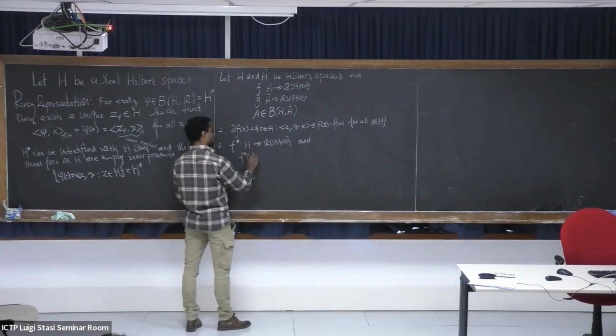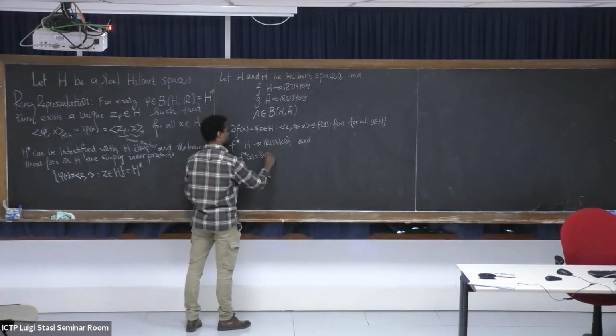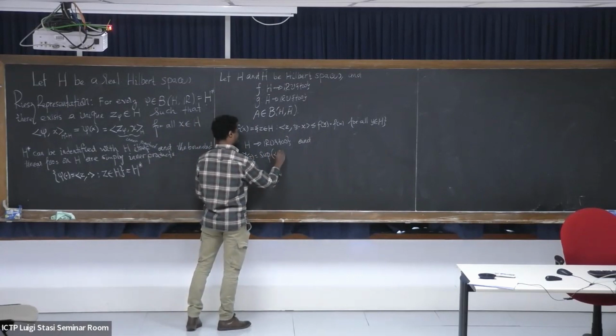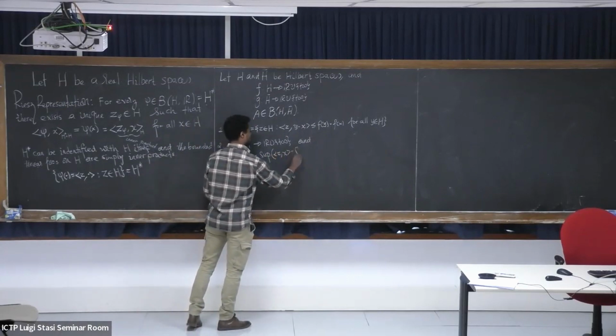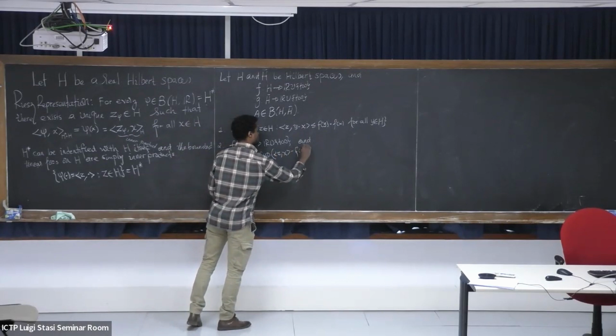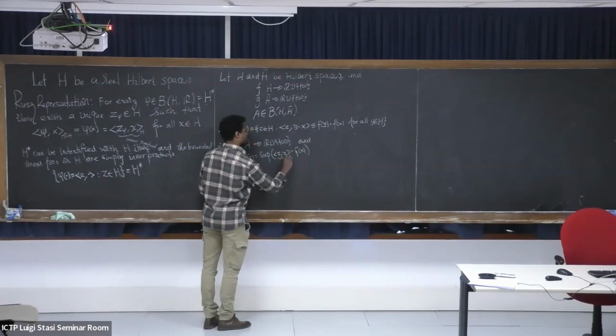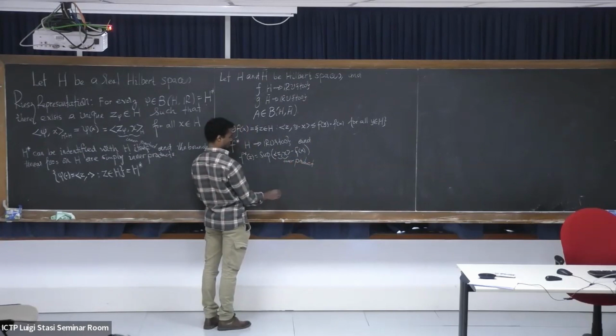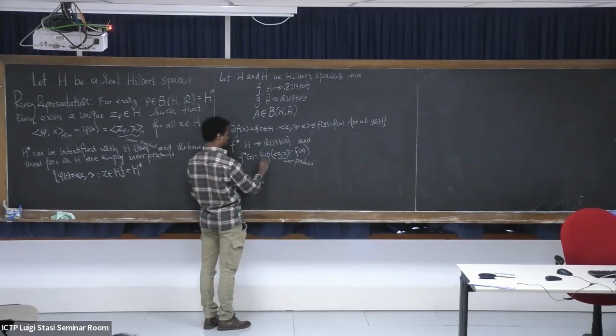F star of any point z is the supremum of the inner product of z and x minus f of x, over x in H.